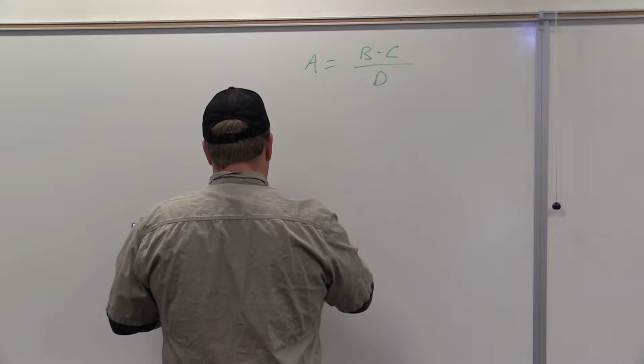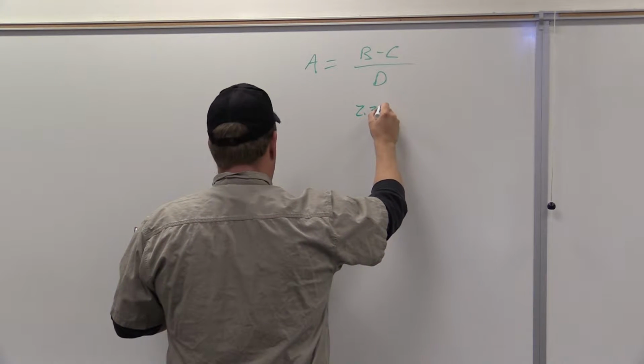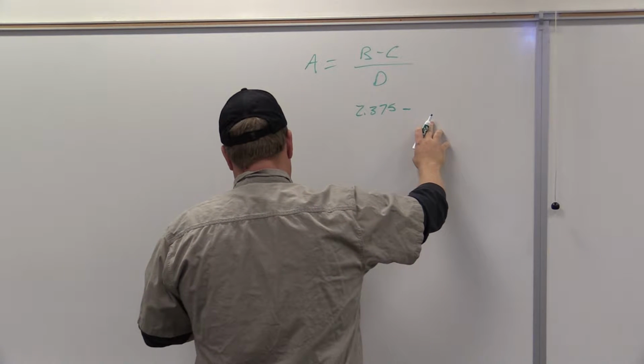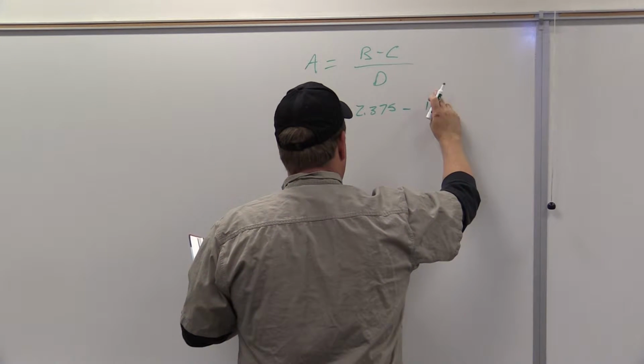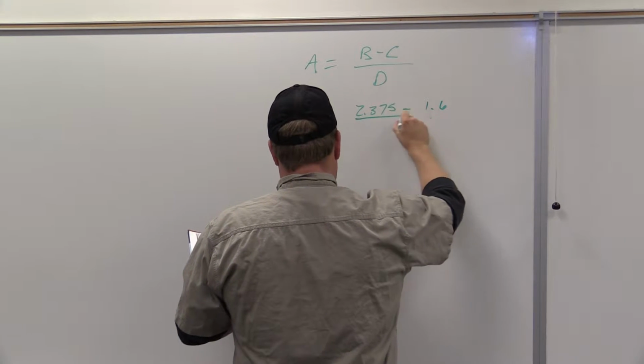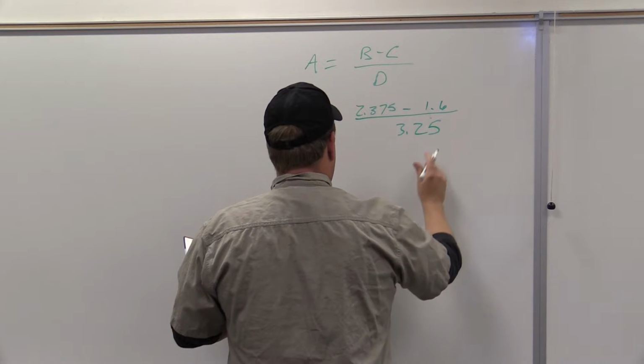It says calculate for A when B is 2.375, C is 1.6, and D is 3.25. Okay?